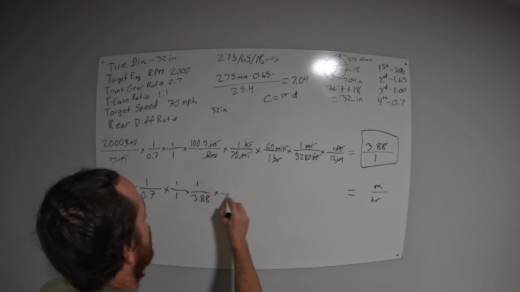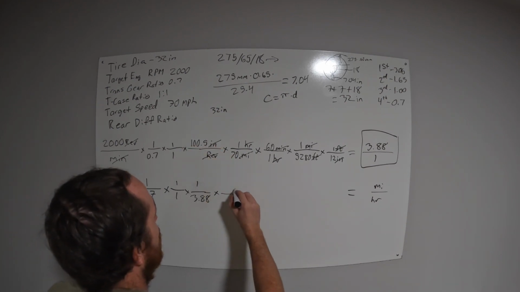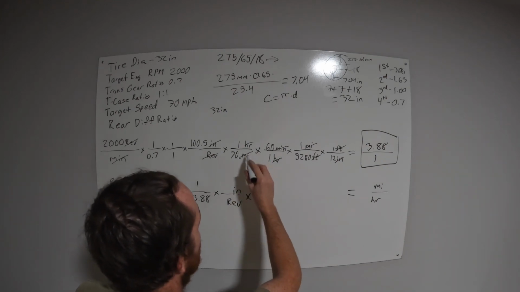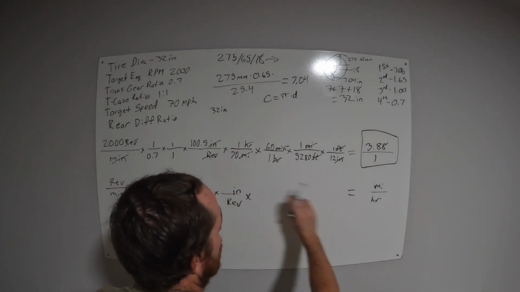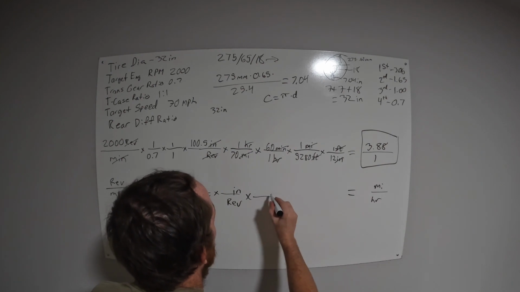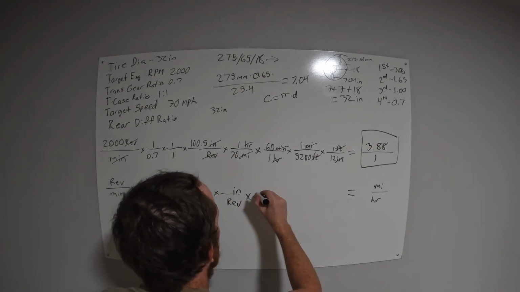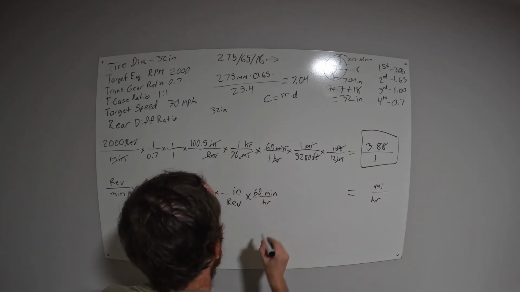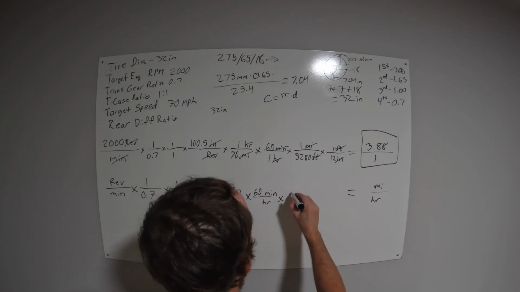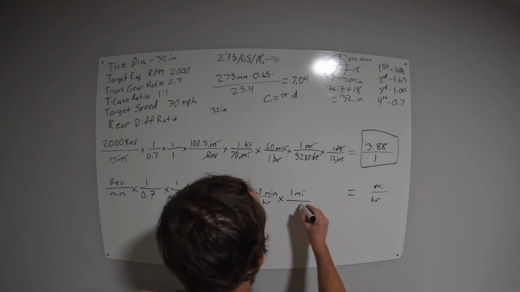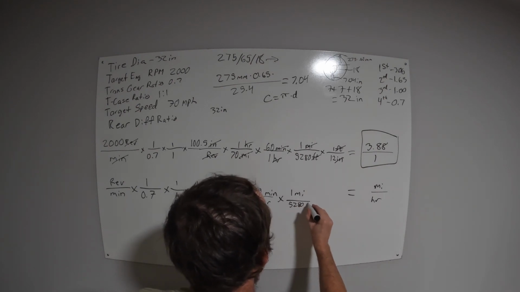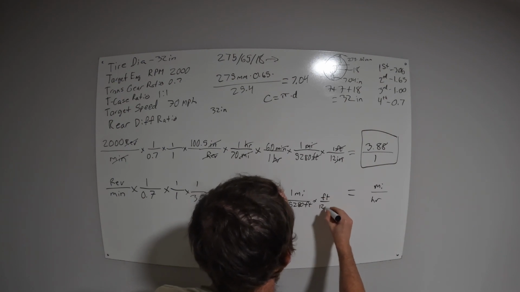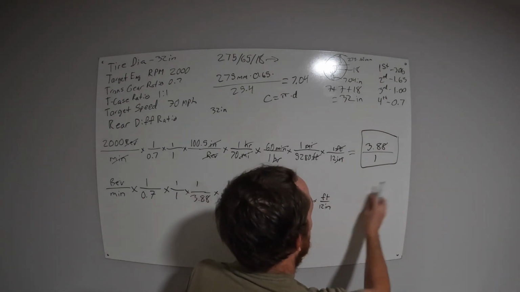And then I can say, which is my tire diameter here, inches per revolution, multiplied by, that one's gone because we moved it over here. I have to have 60 minutes per, sorry.